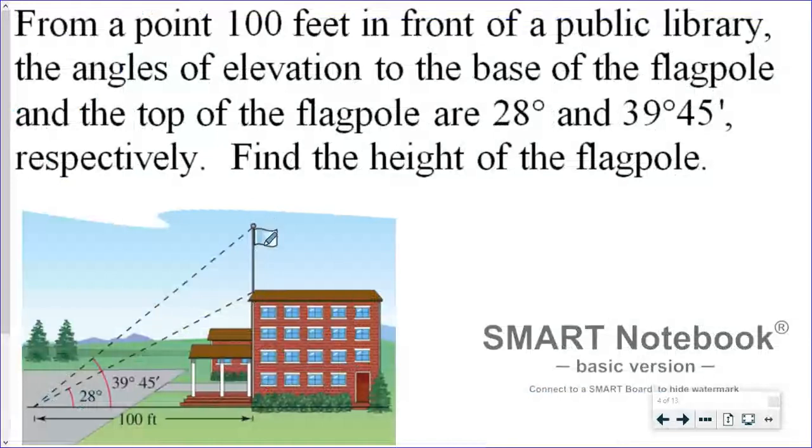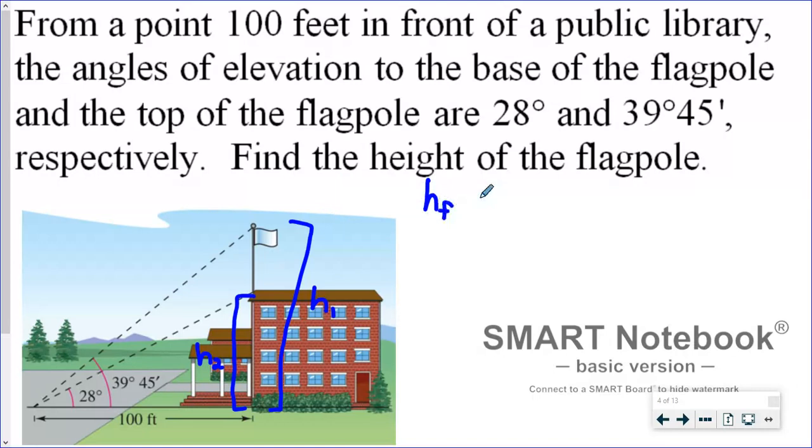Now, the height of the flagpole, if we call this whole side H1, and then this piece of the smaller triangle H2, how could I find the height of the flagpole?